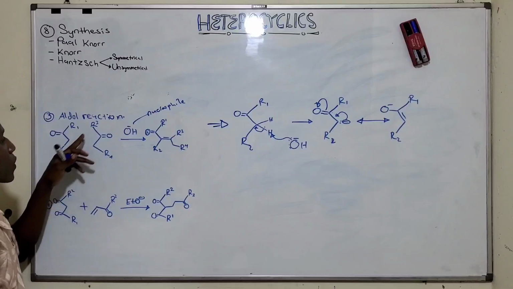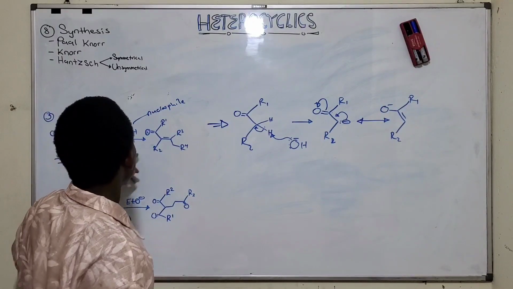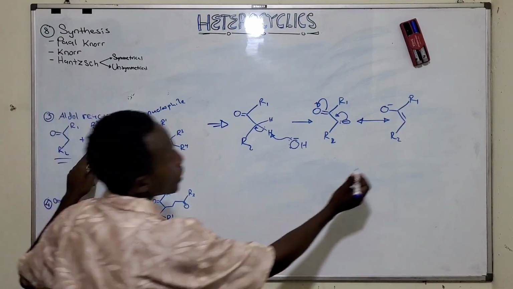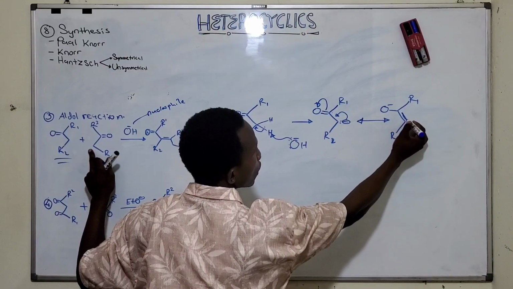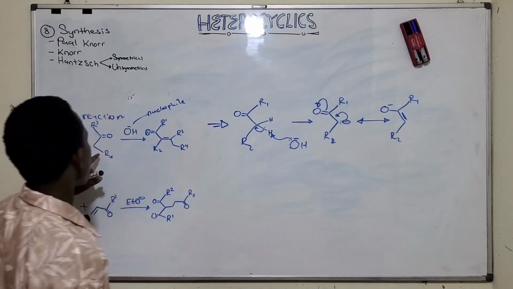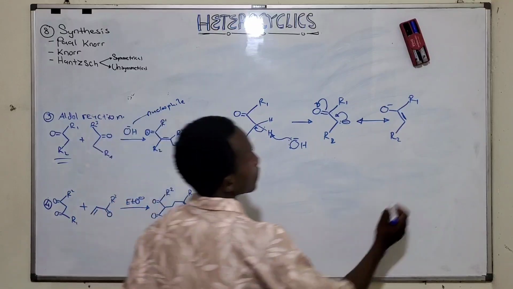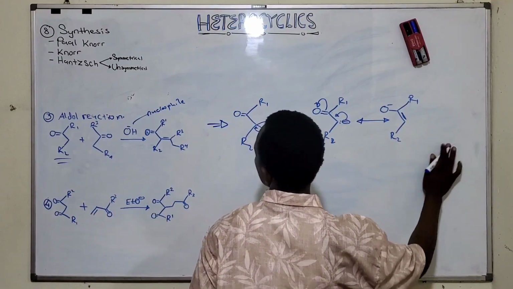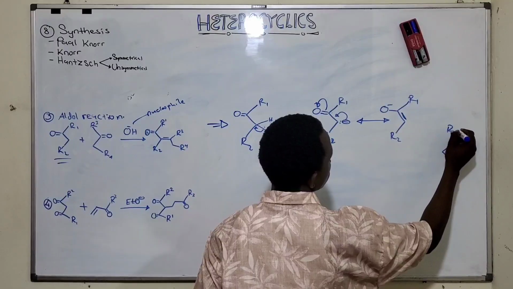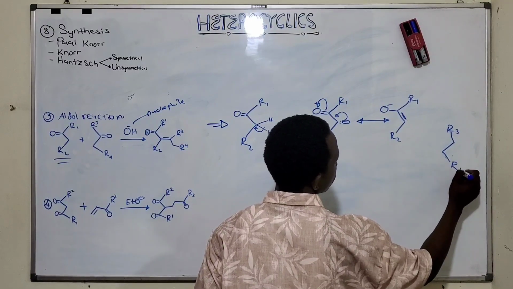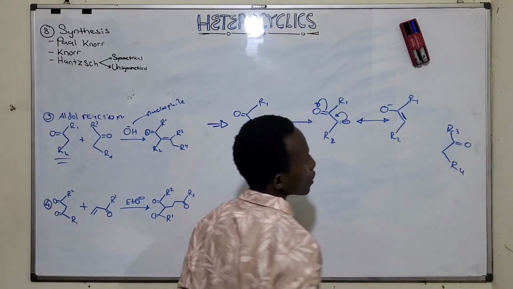So let's use the second one. This one is a double bond and it has a lot of electrons. So we bring the remaining ketone, R3, R4, and we have an oxygen atom.